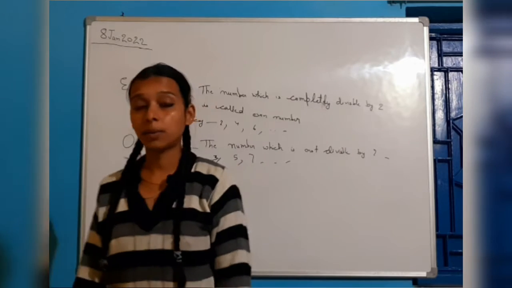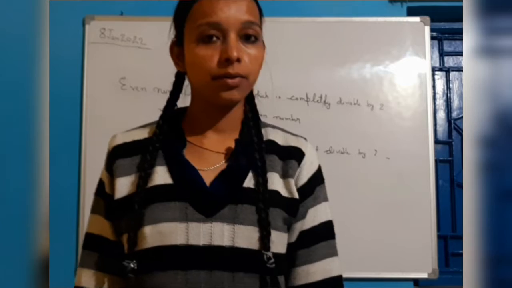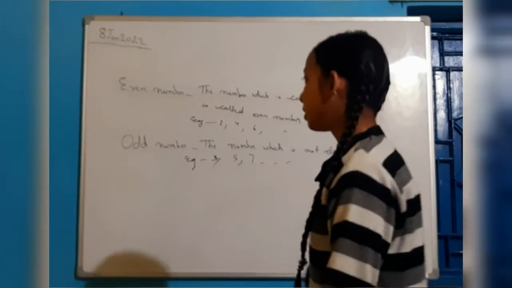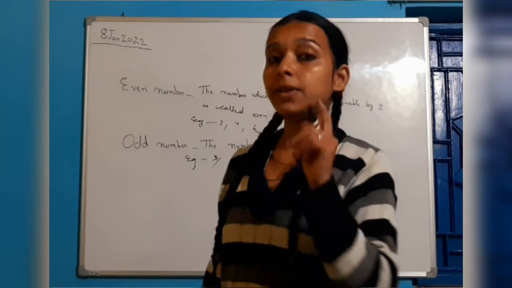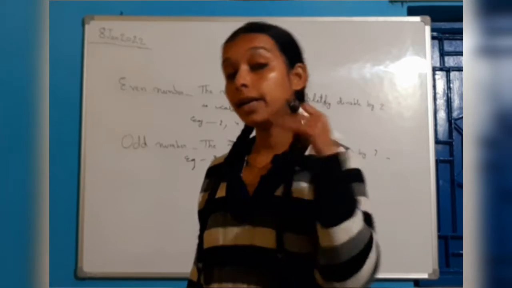Now we will talk about prime number. What is prime number? The number which is divisible by only 1 and itself.